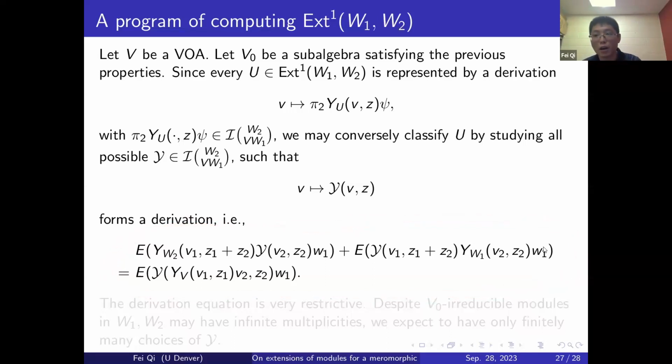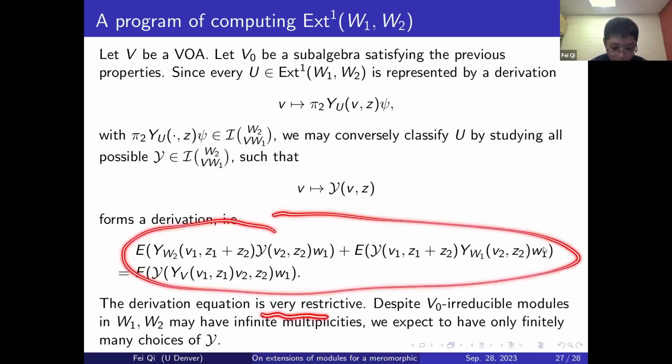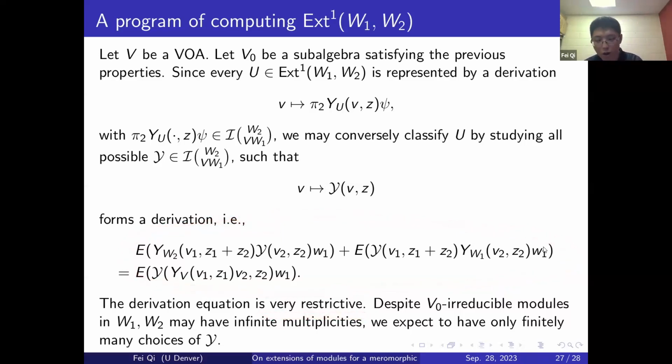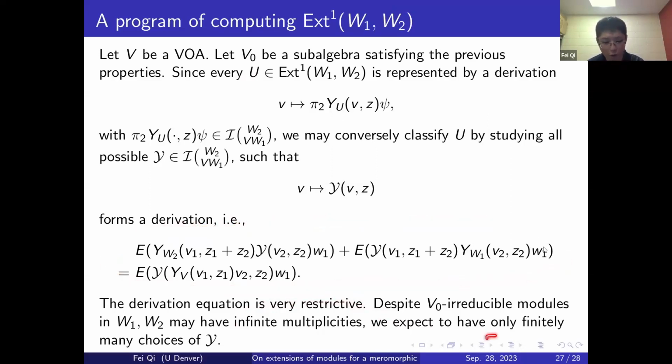Shashank and I have discussed some special cases, and we found that this derivation equation I'm listing over here is very, very restrictive. It's completely possible that when you regard W1, W2 as modules for the subalgebra, the reducible modules might have infinite multiplicities, but because this condition is really restrictive, we expect to have only finitely many choices of such intertwining operators.